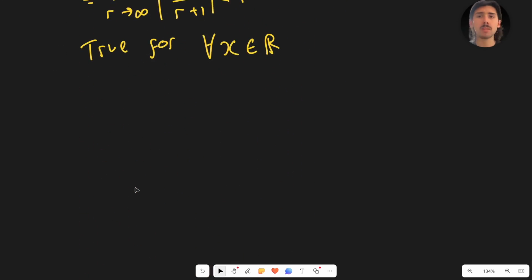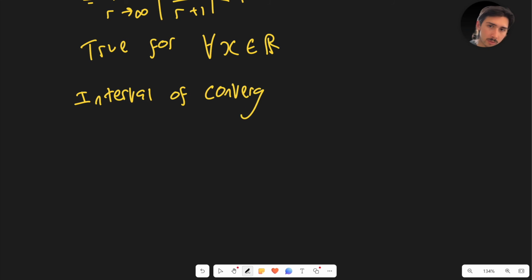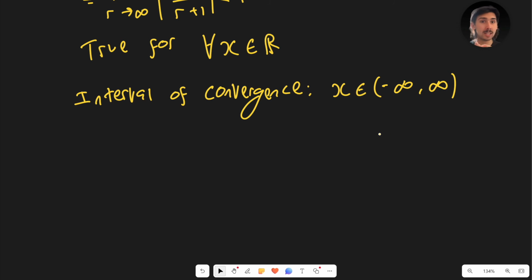Well, in terms of the interval of convergence and the radius of convergence, they're kind of the same thing, just different ways of thinking about it. We could write the interval of convergence as x has to be between minus infinity and infinity.